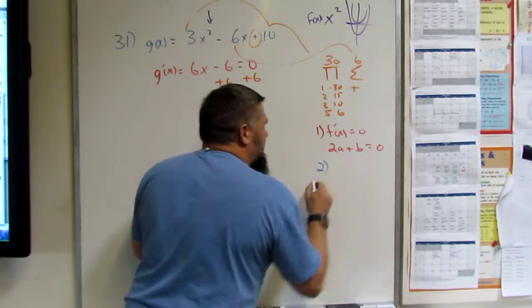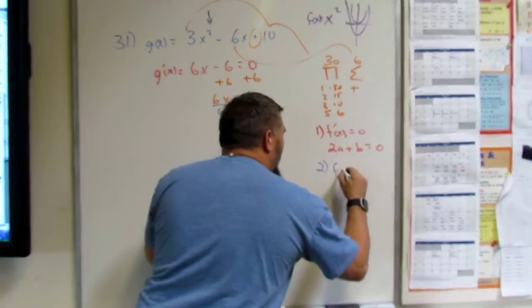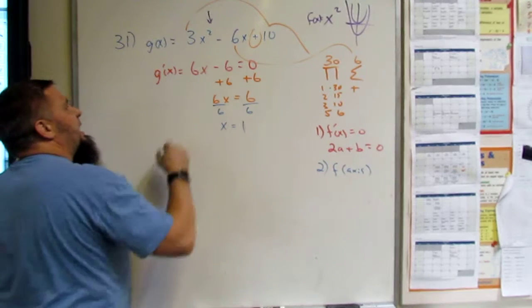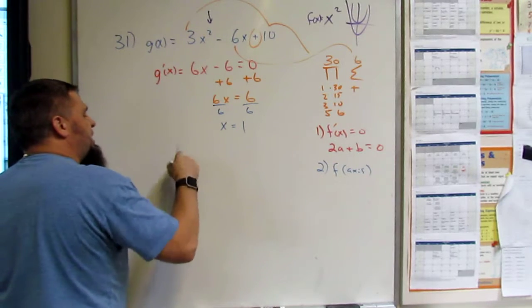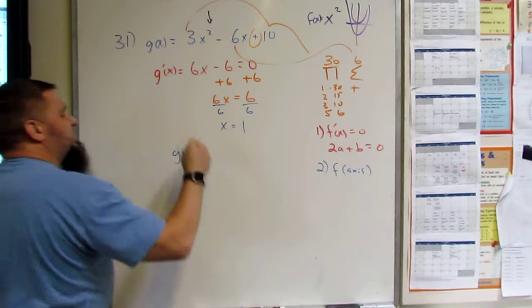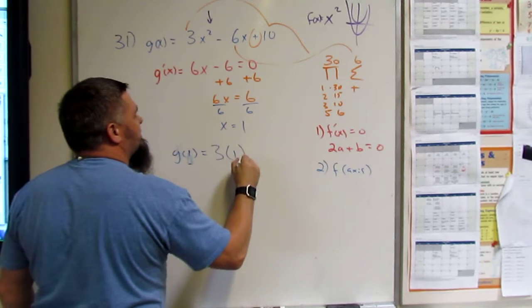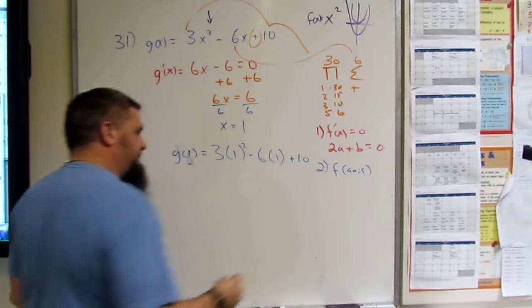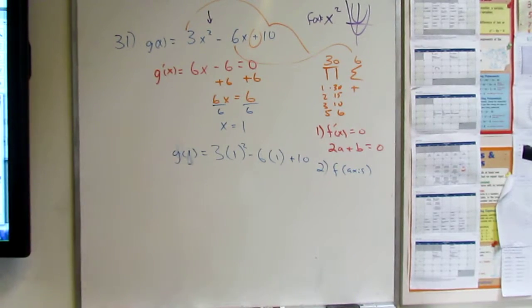To get part 2, I plug in the axis. Alright? If I plug in the axis, I get g of 1 is equal to 3 times 1 squared minus 6 times 1 plus 10. Okay?